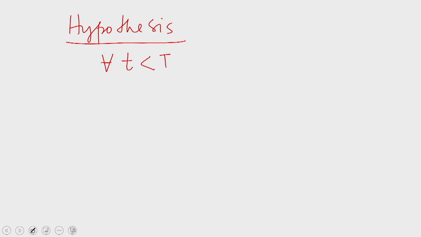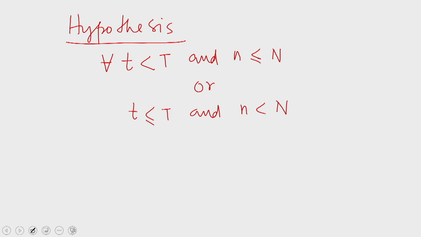So, now let us hypothesize that for all small t less than capital T and small n less than or equal to capital N, or small t less than or equal to capital T and small n strictly less than n, it is the case that C of T, n is greater than T, n power 1 plus 1 by T divided by E minus T n.